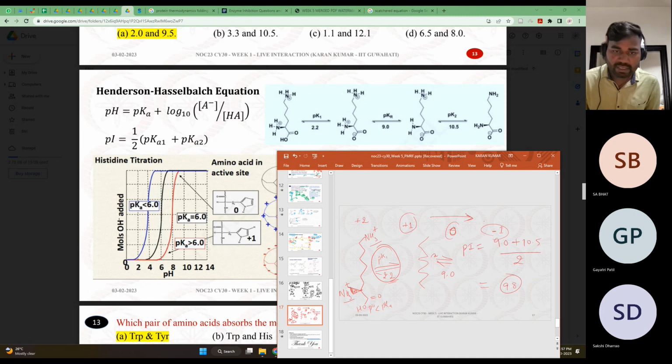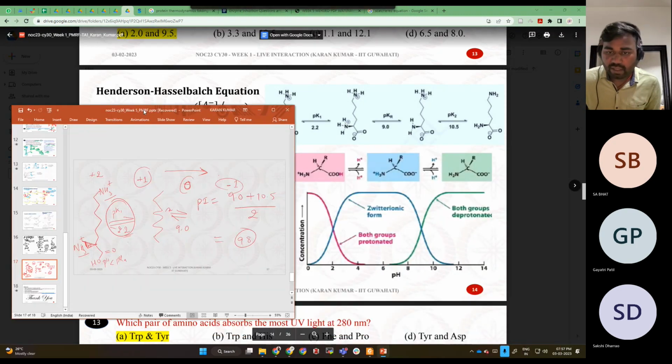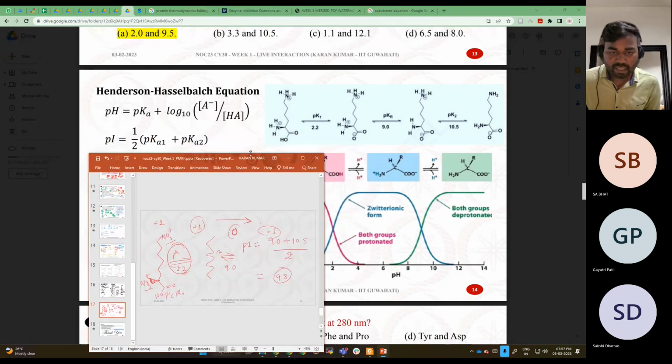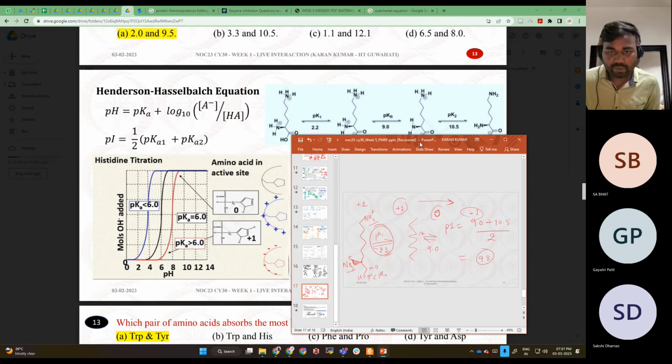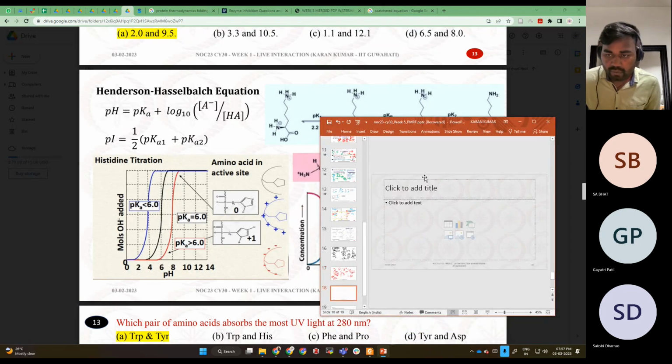And this will be opposite in case of an amino acid which is having an acidic side chain. Okay, so what will happen in case of glutamic acid?